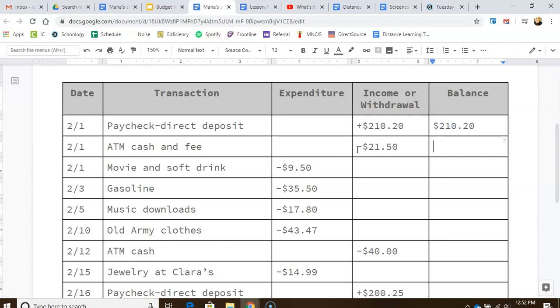But trust me, I'm on a calculator. Minus 21.50 equals, you've probably already got it if you were playing along at home, equals $188.70.